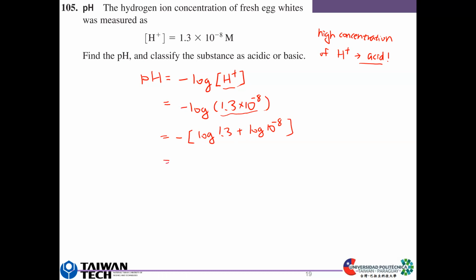So this is minus log 1.3 minus 8, which is 7.88. This value is larger than 7, which means this is not acid, this is basic. And if it's smaller than 7, it means it is acidic.